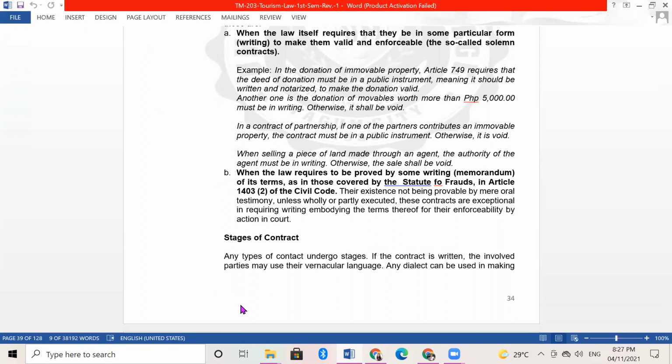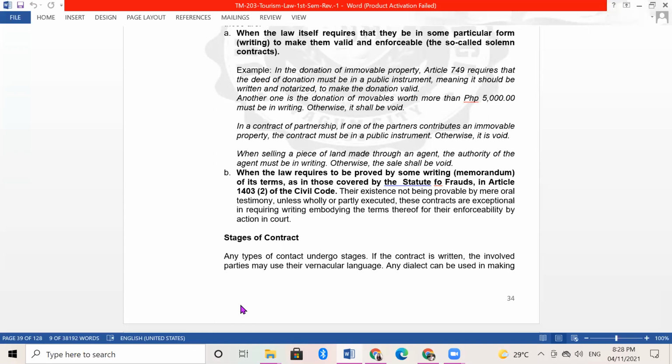In a contract of partnership, if one of the partners contributes an immovable property, the contract must be in a public instrument, or otherwise it will also be void. When selling a piece of land made through an agent, the authority of the agent must be in writing, as what I've said above, or it shall also be void.